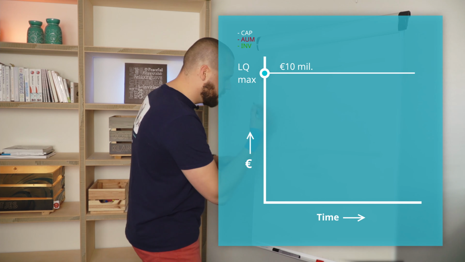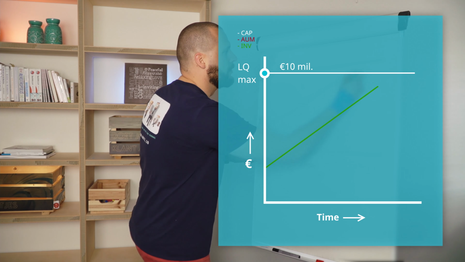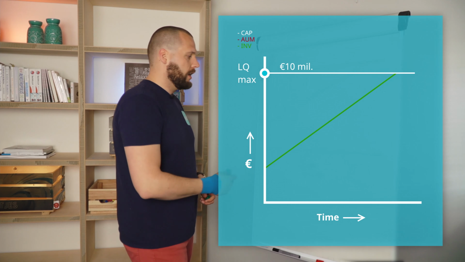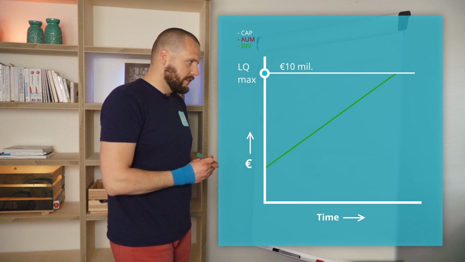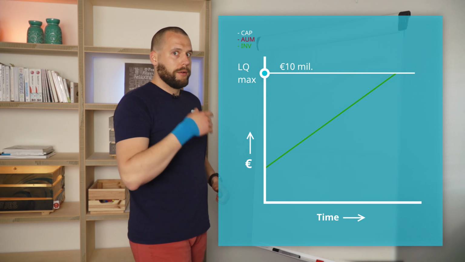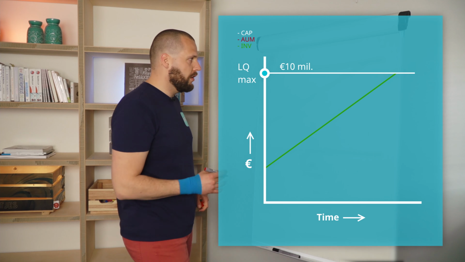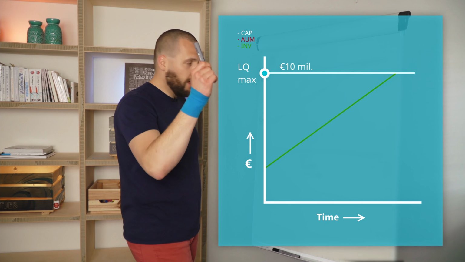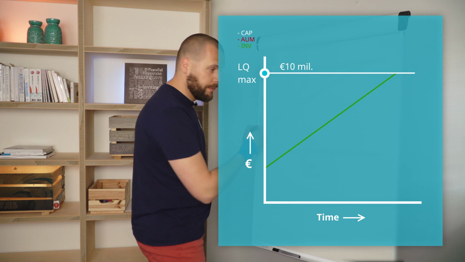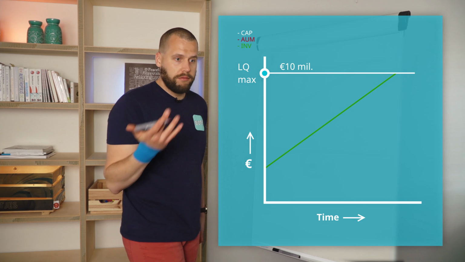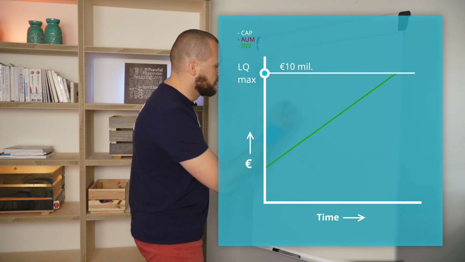So the invested amount we're going to show with the green line, and we're going to assume a steady growth over time. And if we were to put the market cap all the way at the top, that means that at some point it's going to go over. And why is it going to go over? Because we're making profit. And the profit line is my red pen, and we're going to assume that we double our money, which for the bot platform is fairly standard.